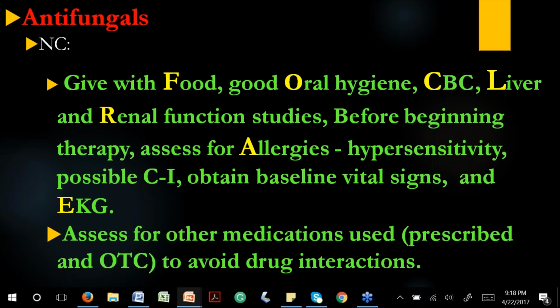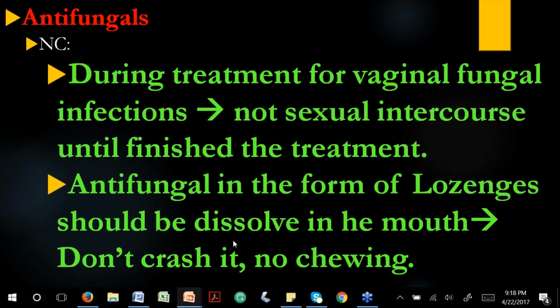So those are going to interact with the anticoagulants, so those are over-the-counter products that you need to assess and you need to document.